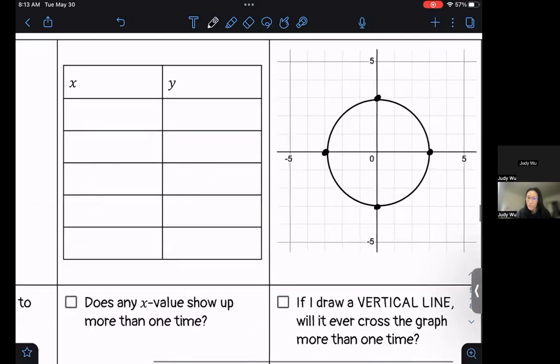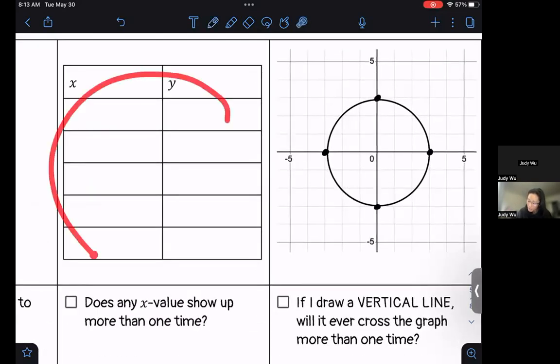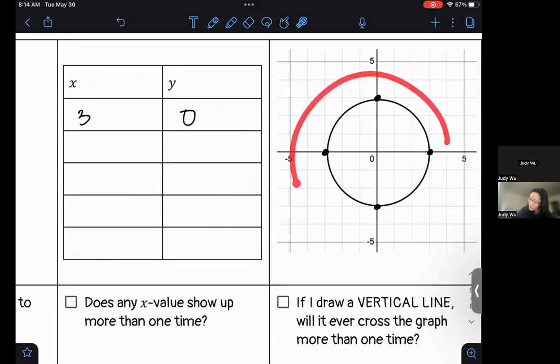Let's list out the points that we had in our table, okay? And so I'm going to start over here. This point, I went 3 over, and it didn't go up or down any. So that's (3, 0). And for no particular reason, I'm just going to go in this direction as we list the points, okay? So (3, 0).